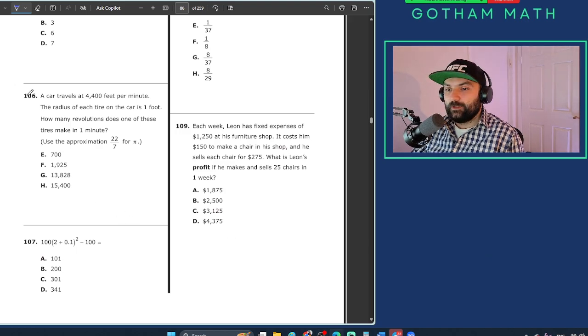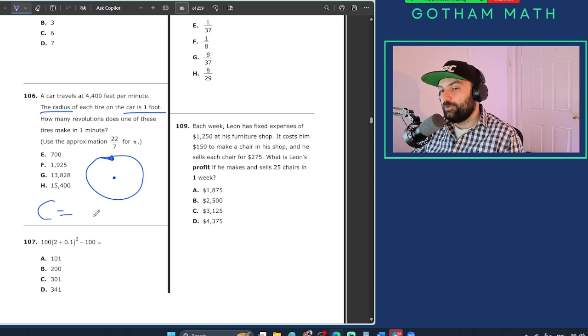So, a car travels at 4,400 feet per minute. The radius of each tire on the car is 1 foot. How many revolutions does one of these tires make in 1 minute? Since this is a tire, we're going to have to use the circumference formula, because that's how much distance it's going to go through.